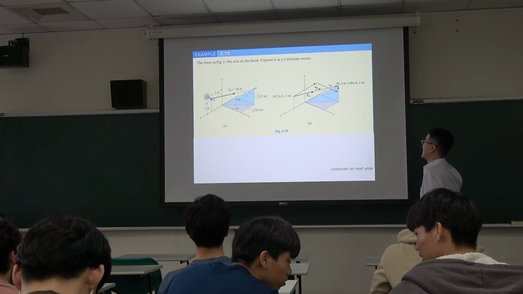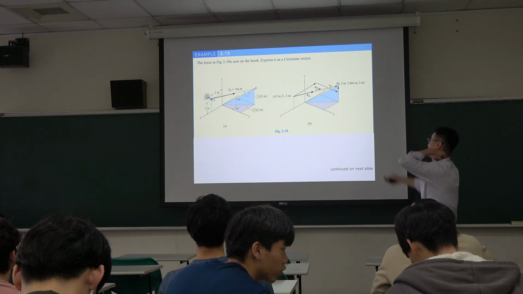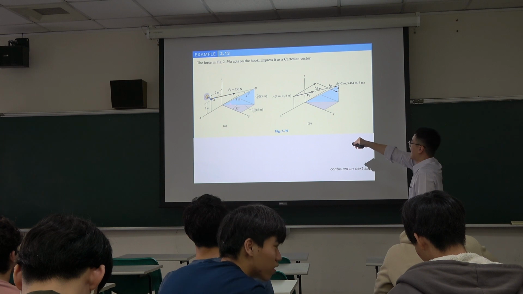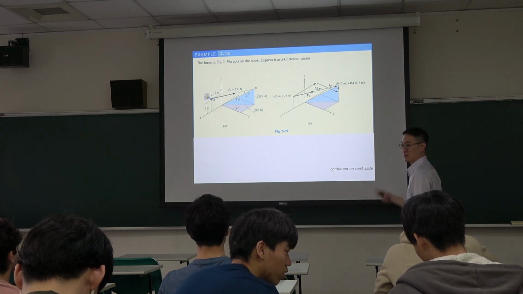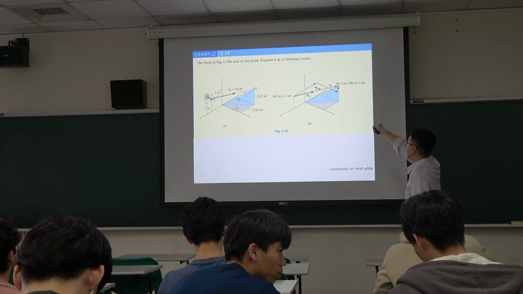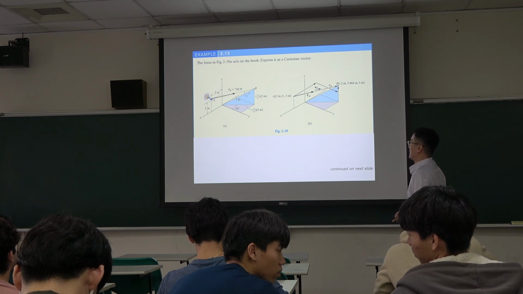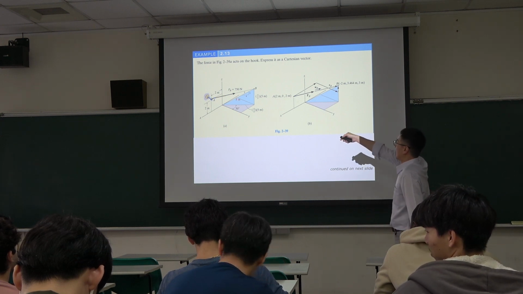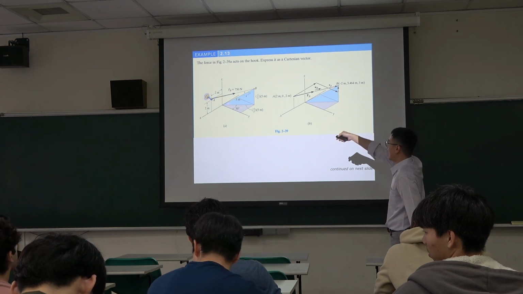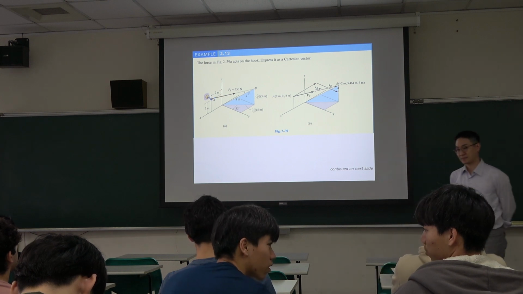So x value is sine 30, which is 0.5. 0.5 times by 4 is 2. But direction is negative x, so here is negative 2. Then y value is positive, we use 4 times by cosine 30 degree, which is this value.